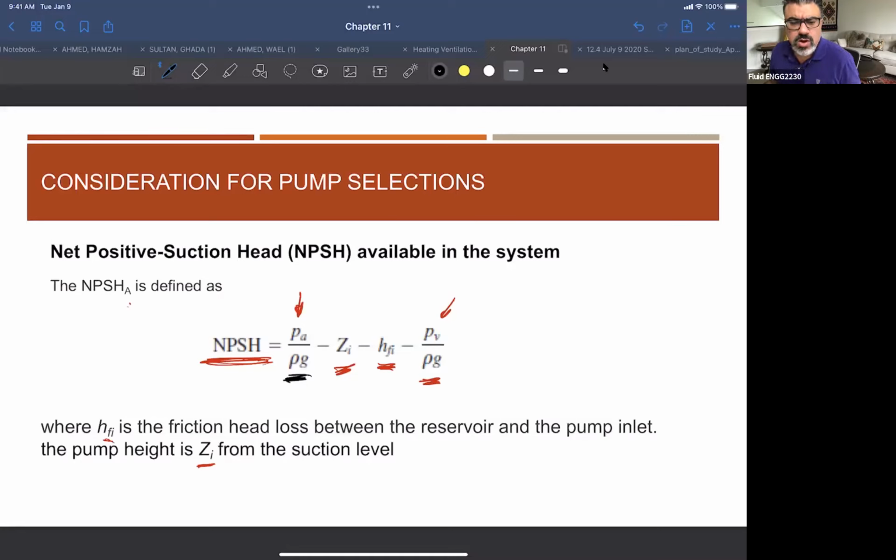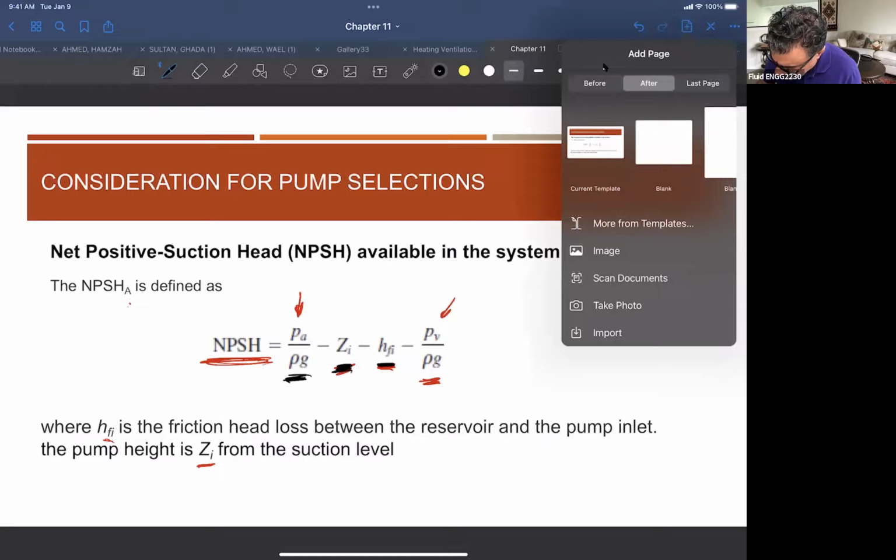That's why we are considering the atmospheric pressure here as the value for the fluid pressure, using the absolute scale, right? Z here is the location of the pump, okay? And then losses in the suction or inlet side, minus P vapor. Maybe I can elaborate more on this here.